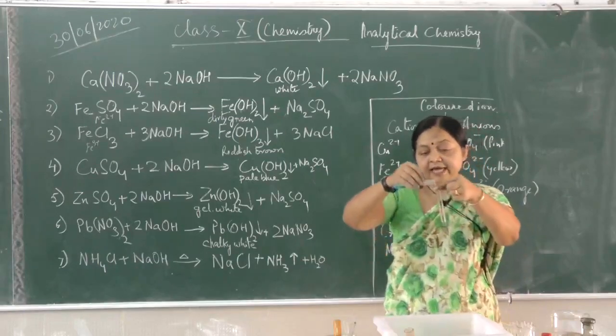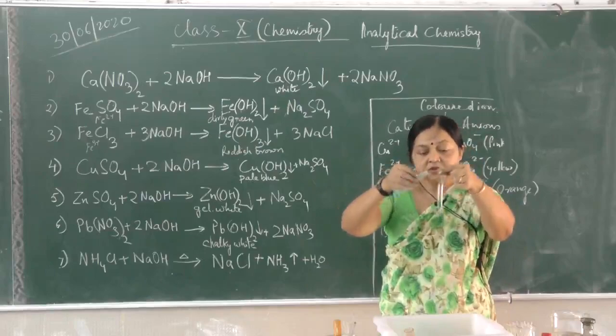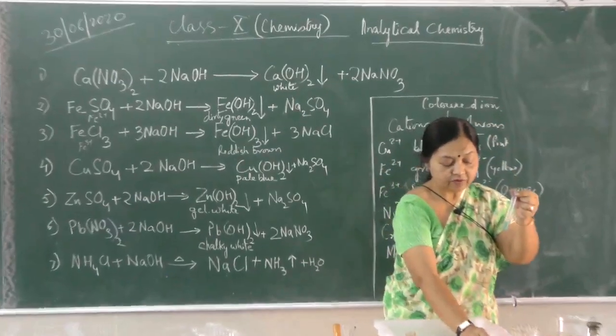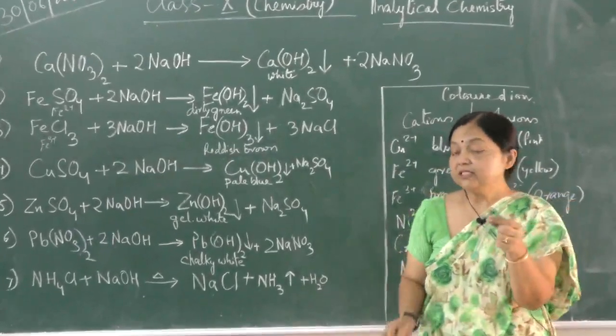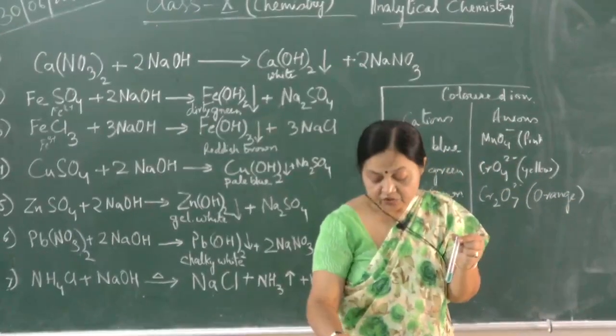We can decant out the clear liquid from the top. So this is copper sulfate solution, and to this solution we will add sodium hydroxide.